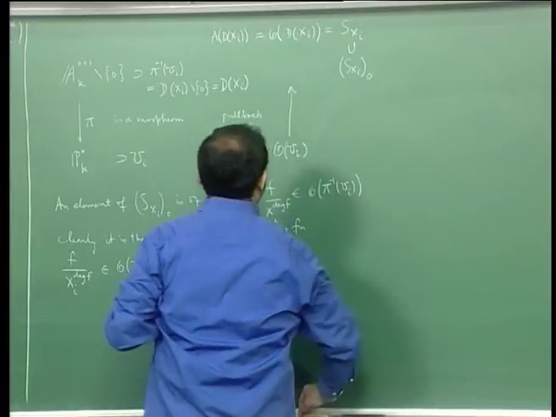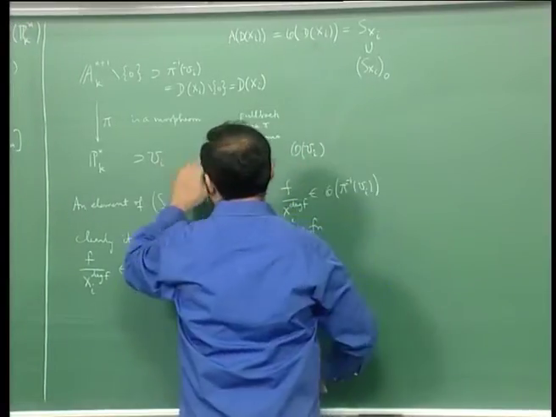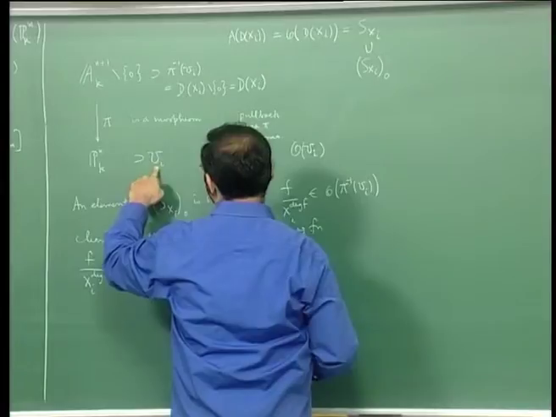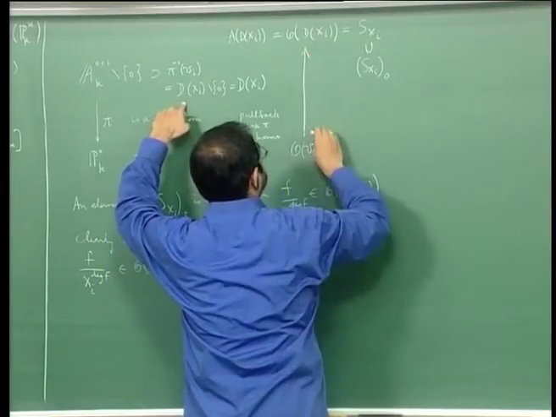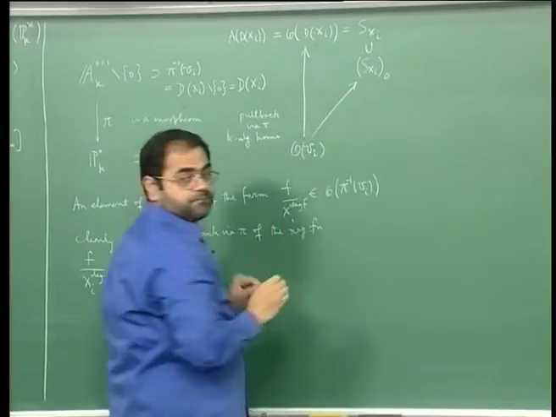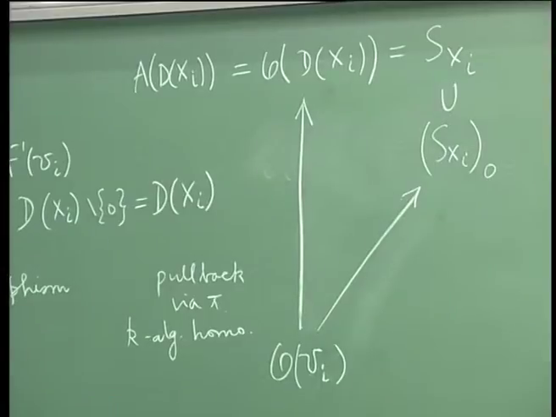The claim is that the pullback map, which goes from regular functions on ui to regular functions on dxi, factors through this and is an isomorphism. That is the claim.